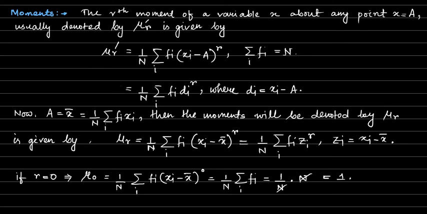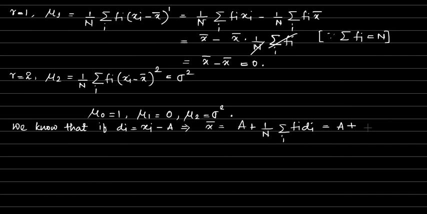So we can replace this term by mu r dash. In place of r now we have 1 here, so we can write this as a plus mu 1 dash. Therefore we got a result that x bar can be written as a plus mu 1 dash.